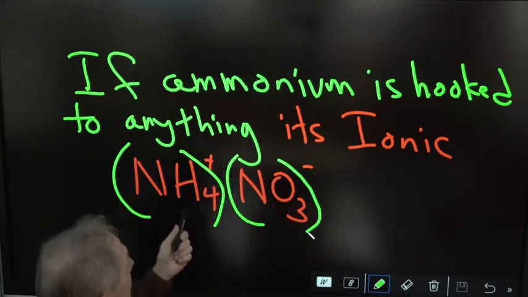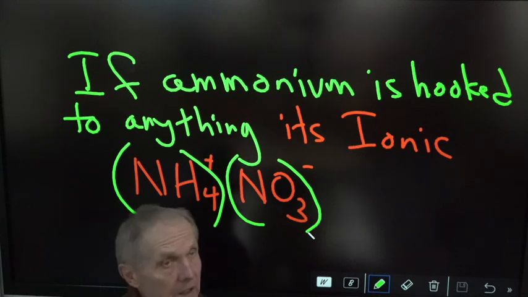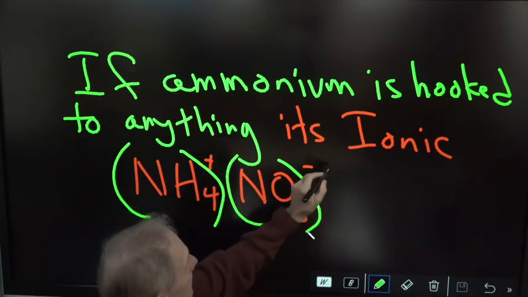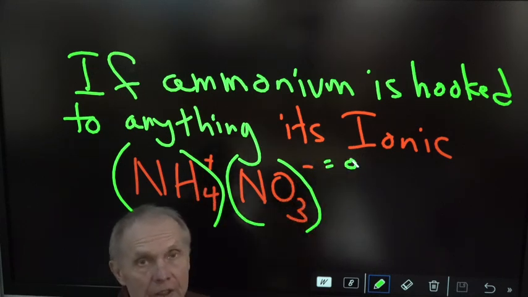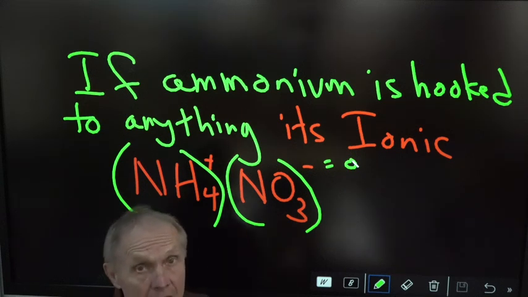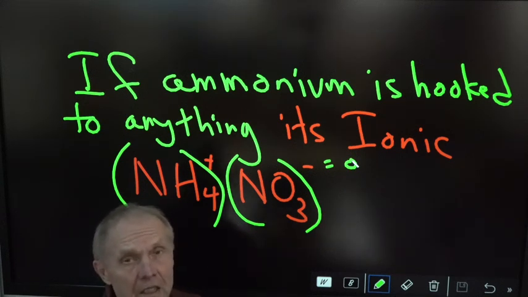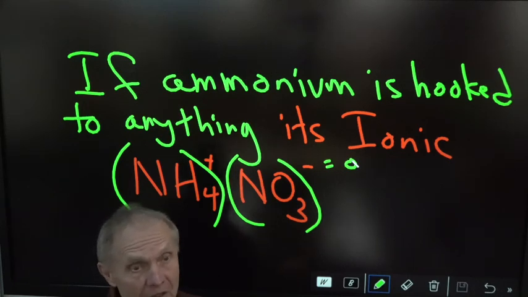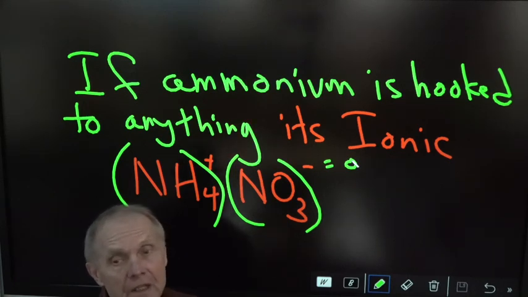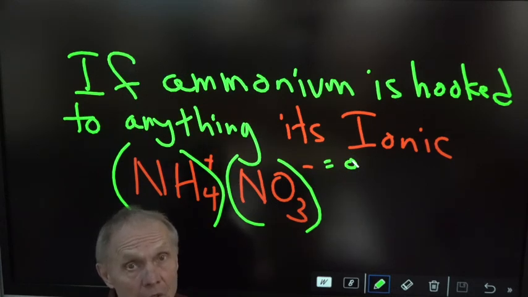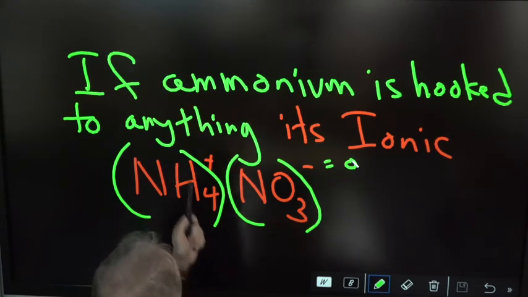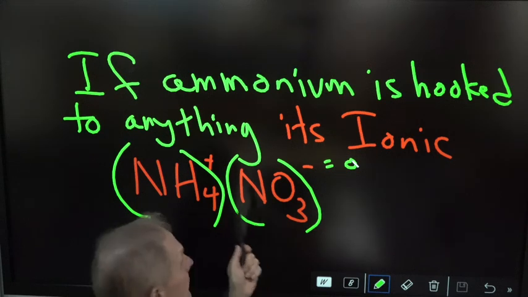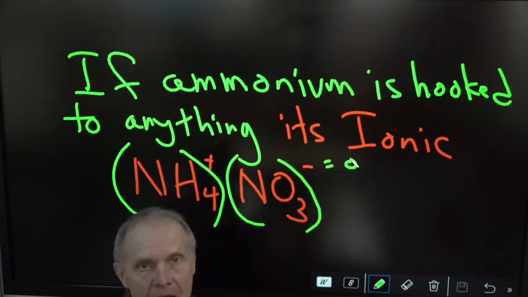So the name of this is ammonium nitrate. +1 -1, that equals 0, and that's good. Ammonium nitrate is a wicked explosive. It's a fertilizer for farmers, but man, let me tell you, it's used in explosives, ammonium nitrate. Okay, so anything hooked with ammonium to anything else is an ionic compound.